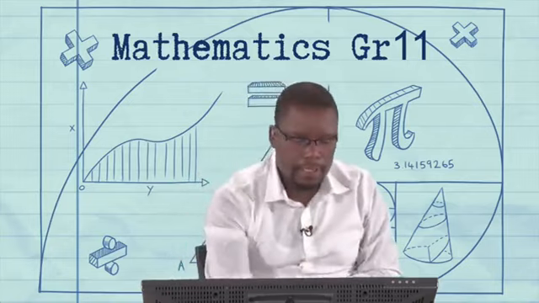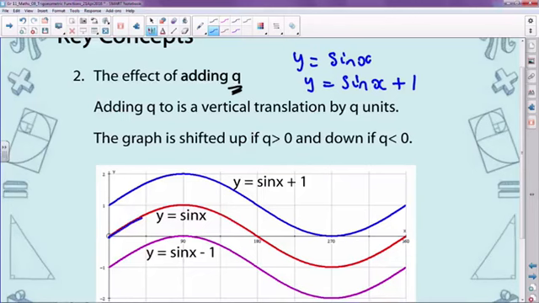So you had a normal graph. Let's just use a different color, okay? This is y equals to positive sine x. Now, what is happening is that now I am adding a 1. So wait, this was 0 and 0.